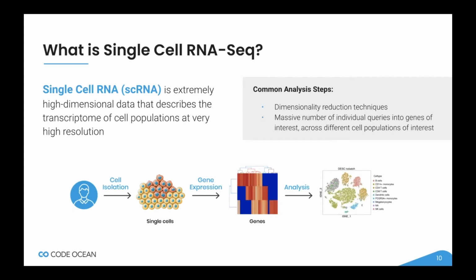And when we talk about single-cell RNA-seq, common analysis steps have been pretty standard over the years. There are techniques for dimensionality reduction and individual queries of interest across different cell populations. The two images you see on the right here are pretty common images that you will see in results. You may have what is called a heat map, which is showing the varying expression of genes among certain cells.